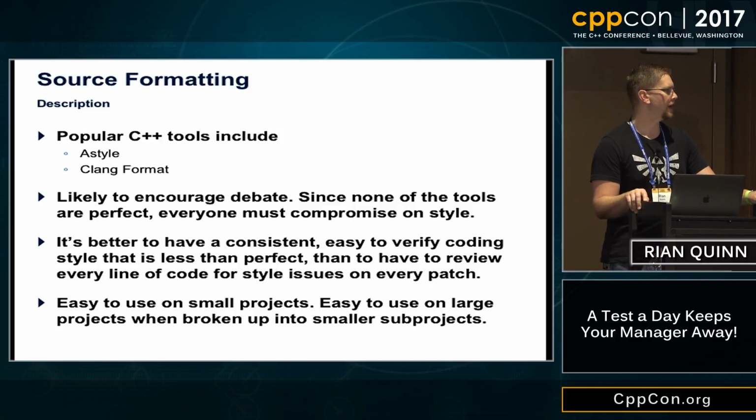I haven't found somebody who has looked at these source code formatters and said, it does everything that I want it to and it meets my personal preferences perfectly. It's just never happened. So if you're going to integrate one of these tools in, the positive and minus to this is that everybody compromises. So nobody's going to get everything they want.